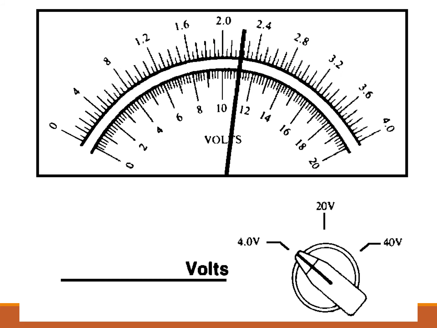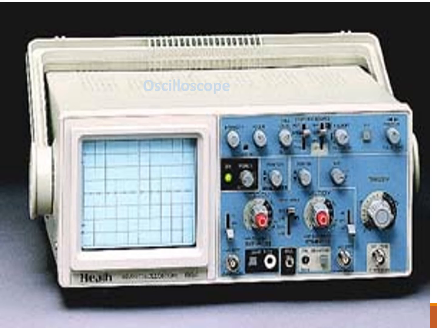Same for the oscilloscope: you will see some signal, something like this, so it is a function of time. This is what we call an analog signal.